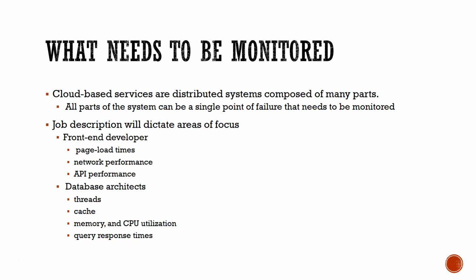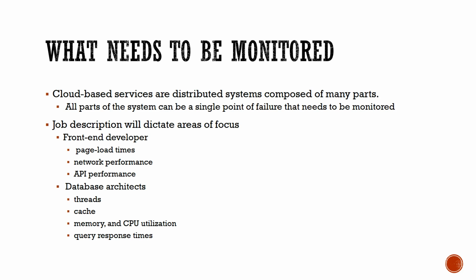Cloud-based systems are a conglomeration of multiple components, as we know. Each one of those components can be a single point of failure. Each one of those components needs to be monitored.